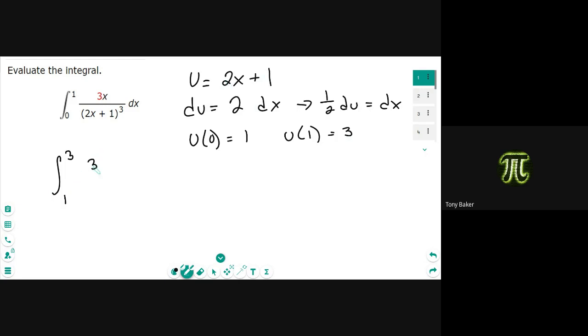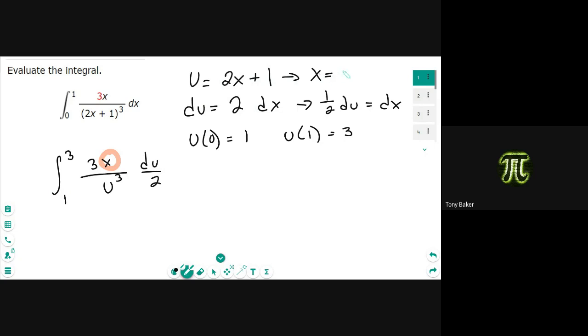So I have 3x over u to the 3rd and then du over 2. The problem is now I still have an x. One of the things that typically is not done all the time, but it can happen, is I can take that u and solve for x.